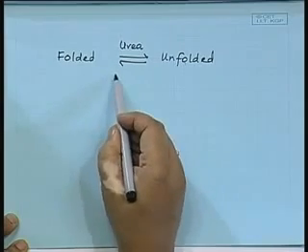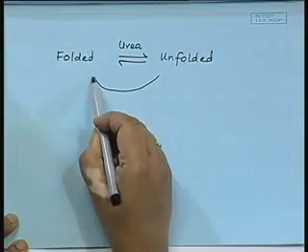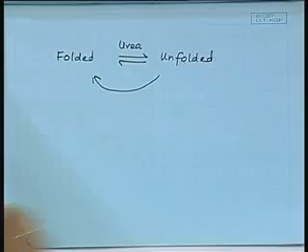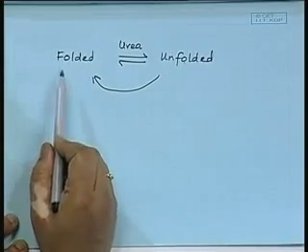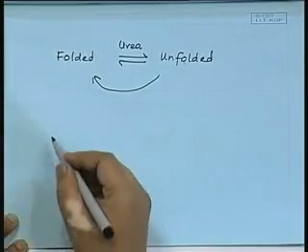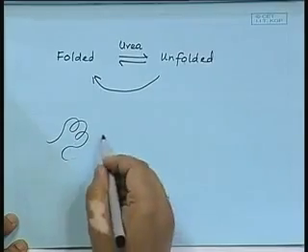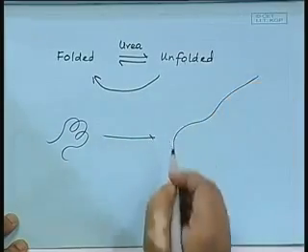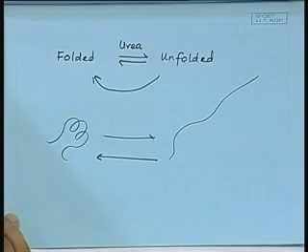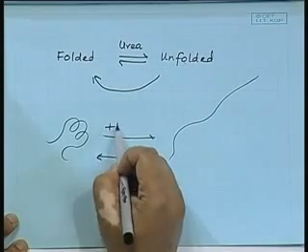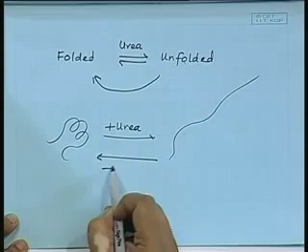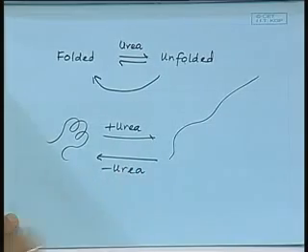What would you have to do? You would have to remove the urea if you want to get back here. And in some cases, you can reform the folded protein. So you are going from your native folded structure to an unfolded structure, and you can reform this back, so this would be plus urea, minus urea. You could form your folded structure back again.